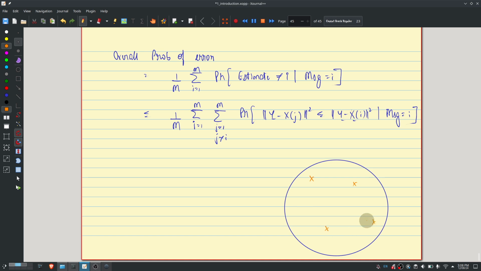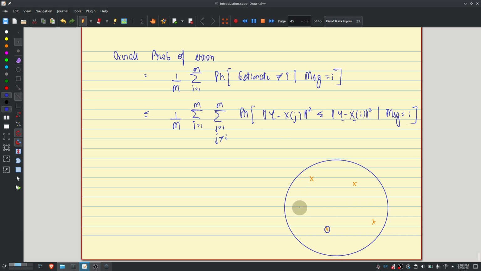Let's say that I have 4 possible messages that can be transmitted, and for each of these I have a different code word, right? And let's say that the transmitted code word was actually this one. This particular code word was transmitted.